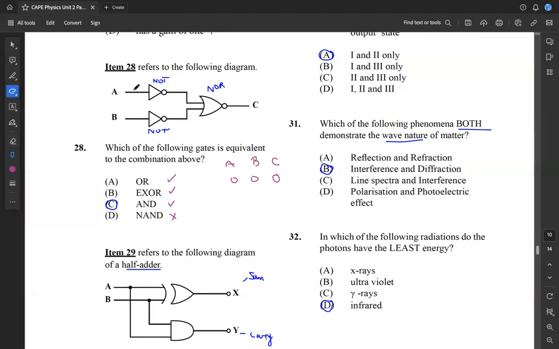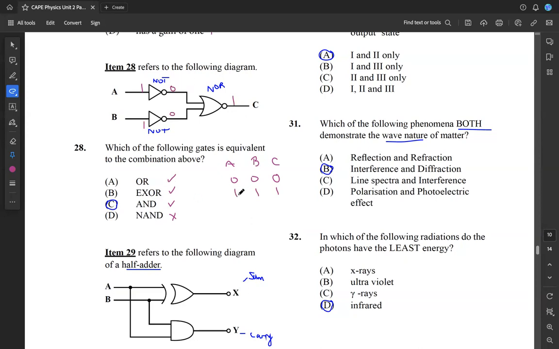So I'm putting 1 here and 1 here. It's a NOT gate, so it's going to invert my 1 to 0, and this is going to invert my 1 to 0. If 0, 0 went into an OR gate, it would be 0 ordinarily, but because it's a NOR gate, it ends up being 1. So that's my second row here. If I put in A and B as both 1s, I end up getting a 1.